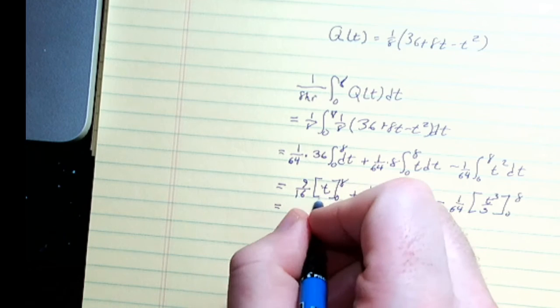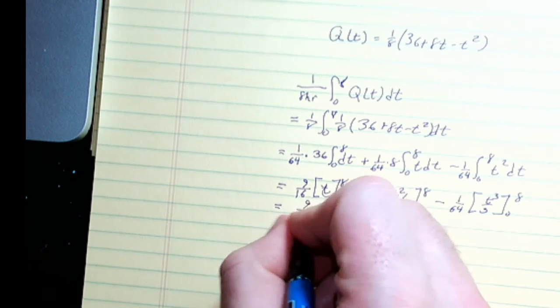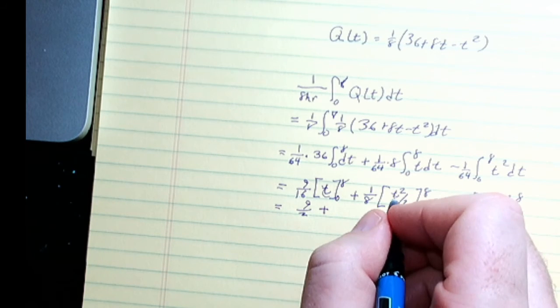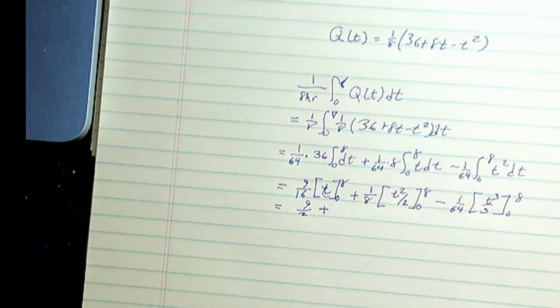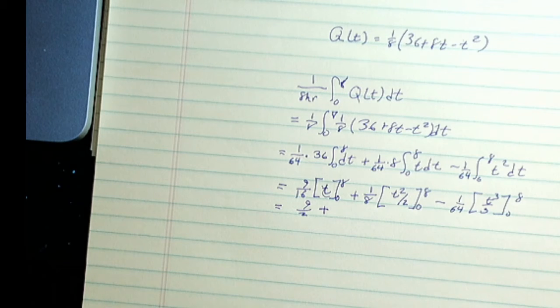So we can start simplifying. This is obviously just 8. 8 cancels 16 to give us 2, so that's 9 halves. Plus, 2 times 8 is 16, and 8 squared is 64. One of the 8's cancels, so that's 8 over 2, or 4.